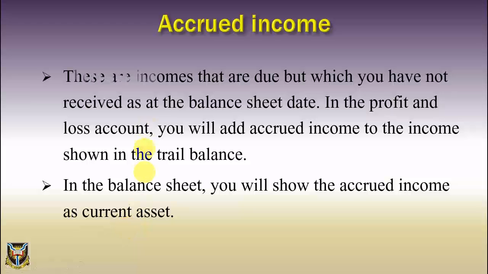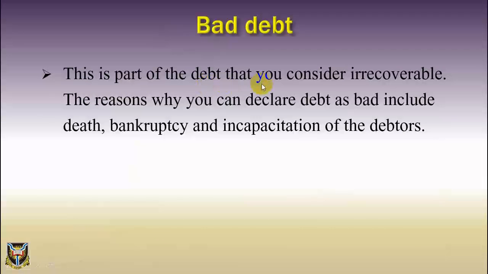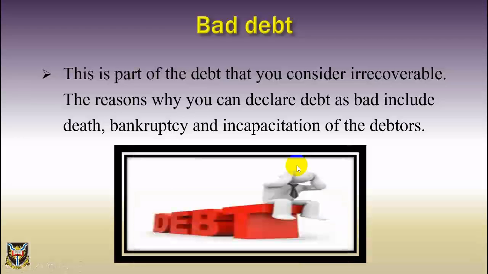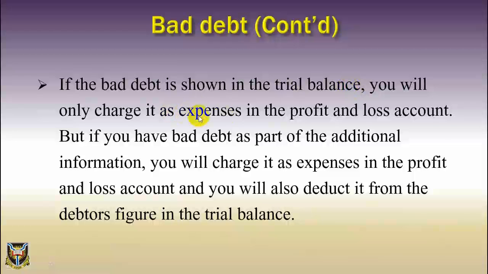F. Bad debt. This is part of the debt that you consider irrecoverable. The reasons why you can declare debt as bad include death, bankruptcy, and incapacitation of the debtors. If the bad debt is shown in the trial balance, you will only charge it as expenses in the profit and loss account.